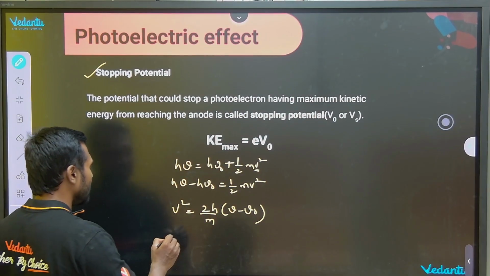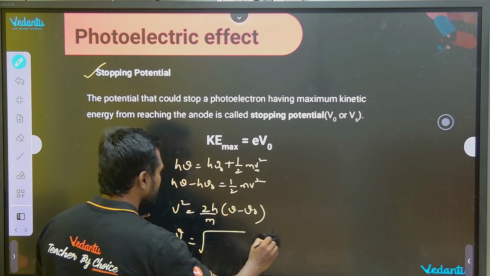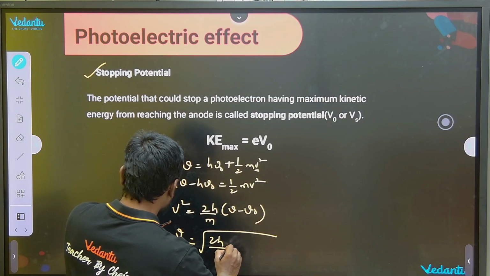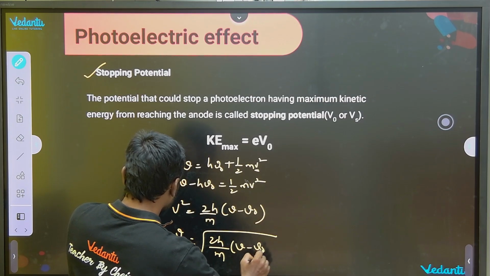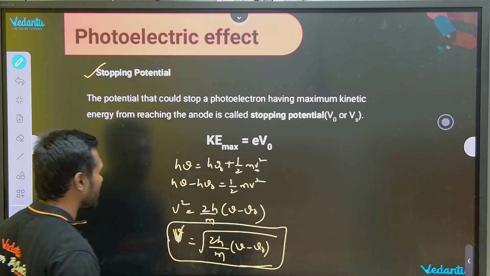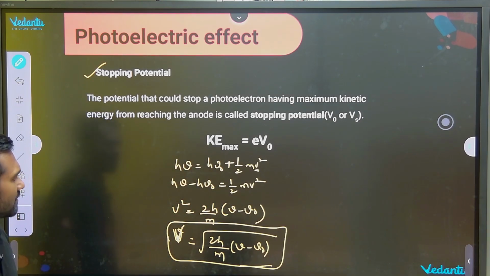So v is equal to the square root of 2h by m into nu minus nu naught. This is the velocity of ejected electrons.